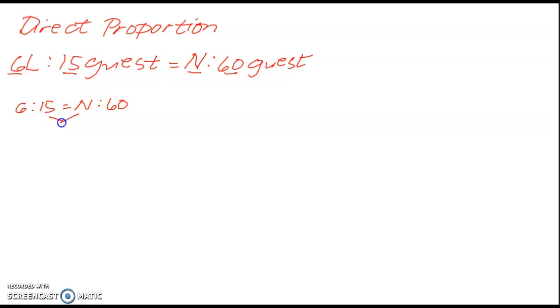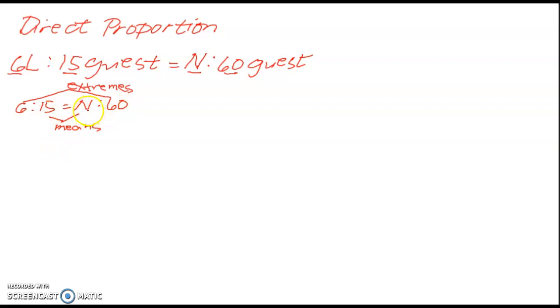These are the means, and these are the extremes. So we just multiply the means, multiply the extremes, then we will know the value of the unknown.